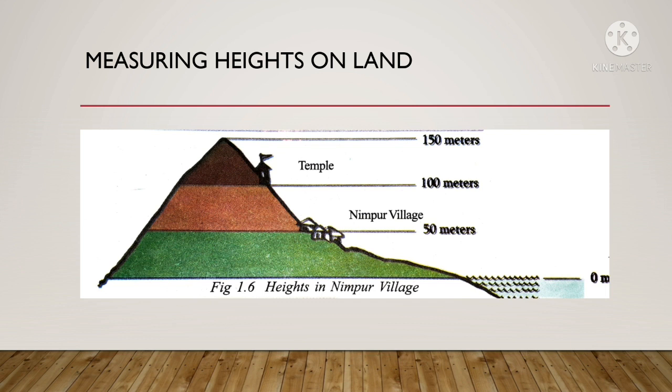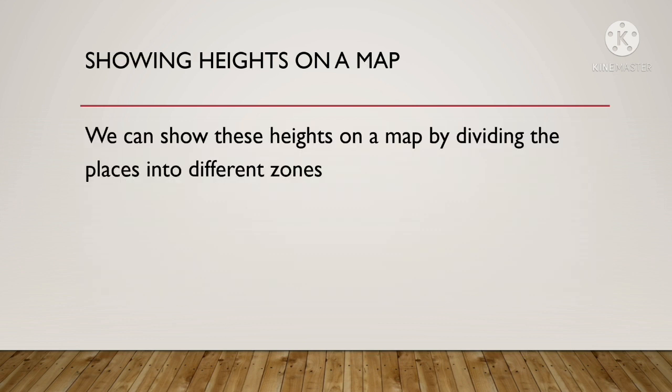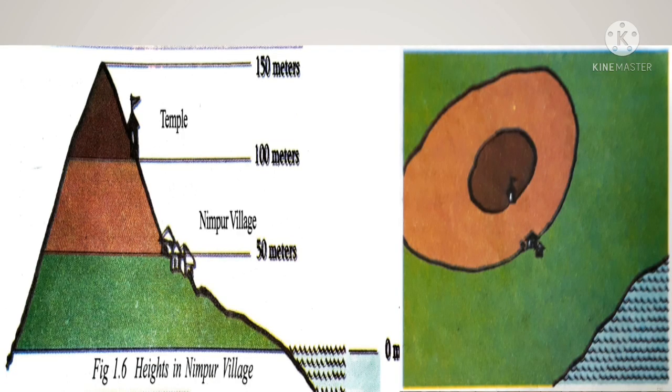How can we show these heights on a map? Showing heights on a map. We can show these heights on a map by dividing the places into different zones. Now, let's see the map of Nimpur village showing heights. The whole Nimpur village is divided into 3 zones.